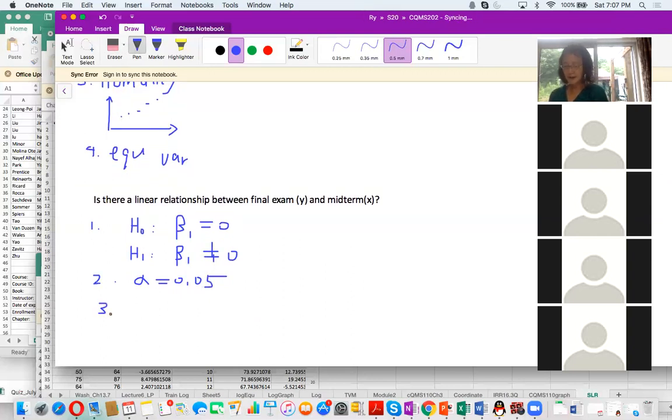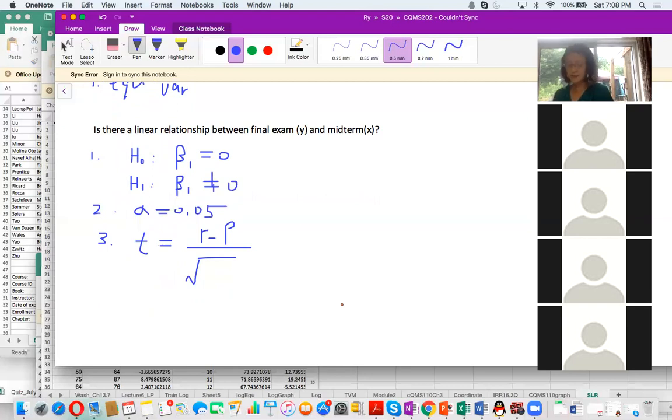And step 3, test statistic. Okay. For the test statistic, you can use the t-test, okay? And there's a formula for t. Linear correlation coefficient R minus rho, I will explain, okay? And divided by the square root of, remember test statistic, it is just a formula, 1 minus R squared divided by n minus 2.